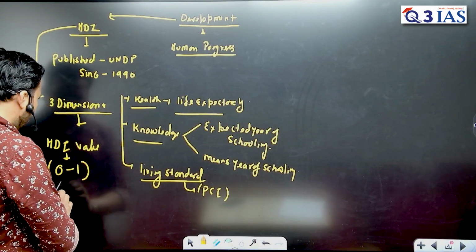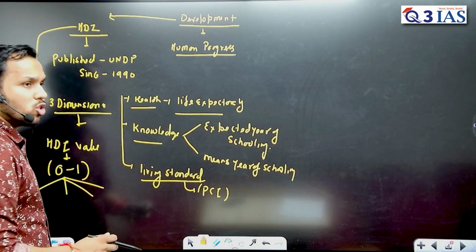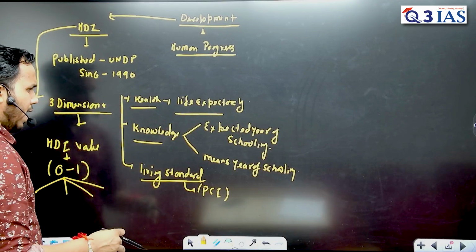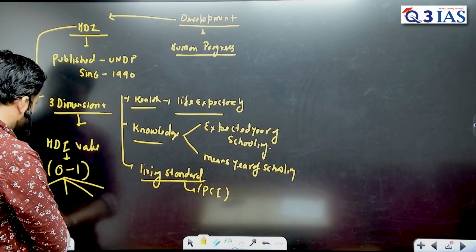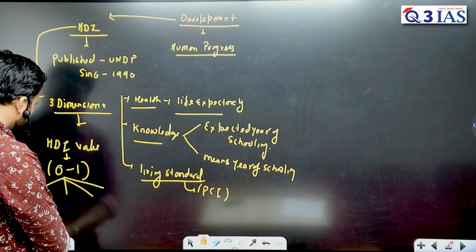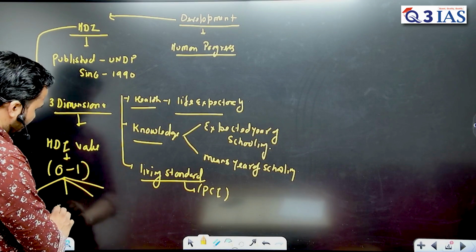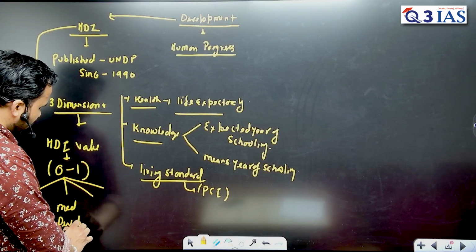And HDI also classifies countries on their scores, and there are 4 categories, classifications we can say. First is low developed countries. Second is medium development countries.